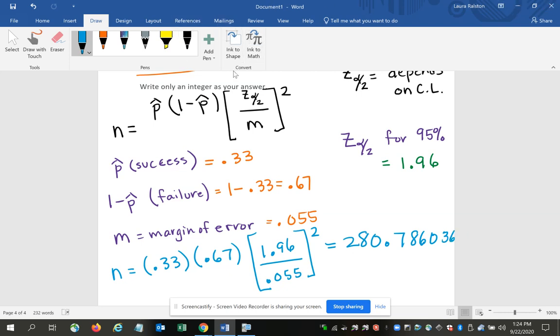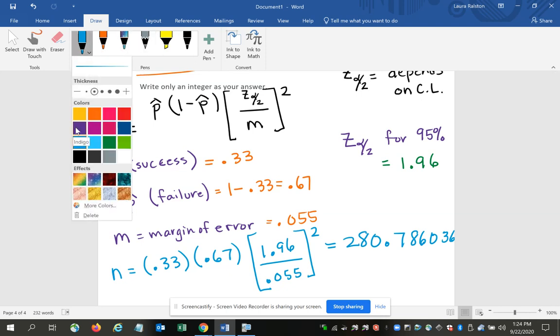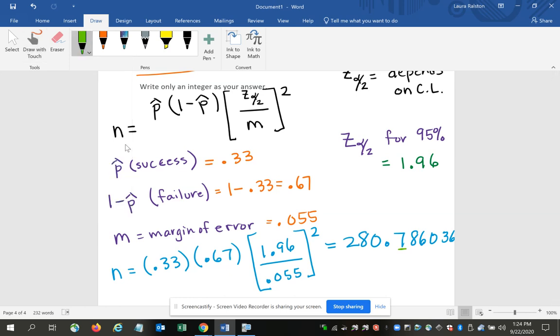It asks us to write our answer as an integer, which means it wants it rounded to a whole number. Okay, so I notice the 7 is going to bump to 0, so this becomes 281. So we would need to use a sample size of at least 281.